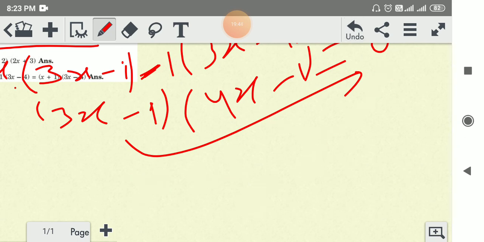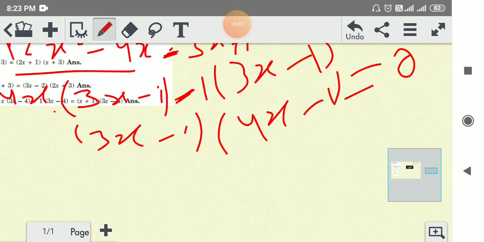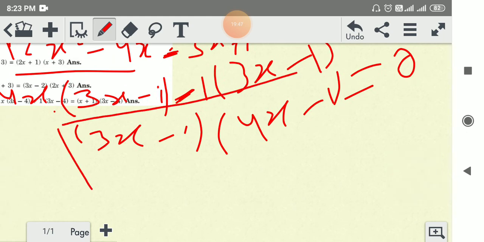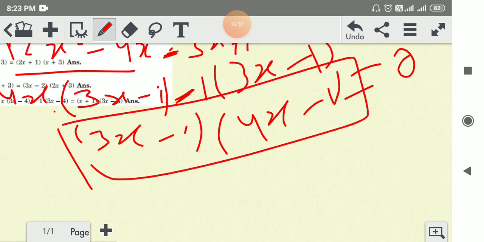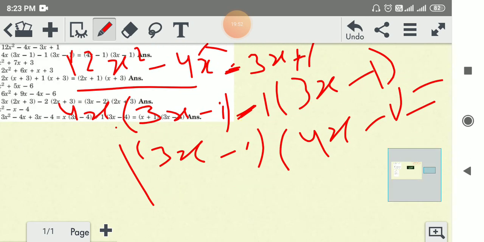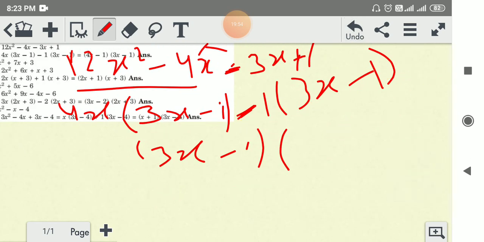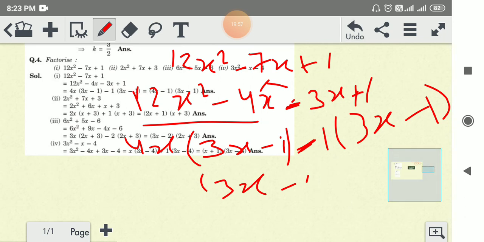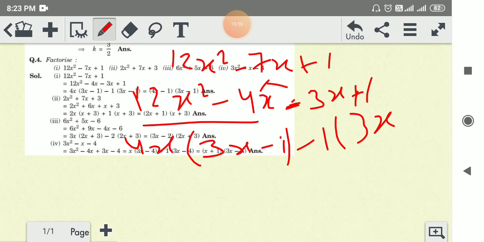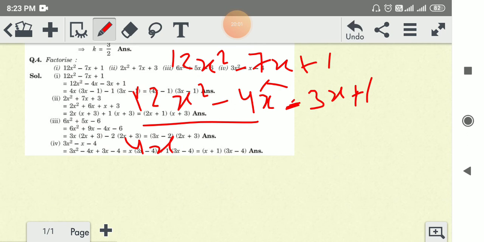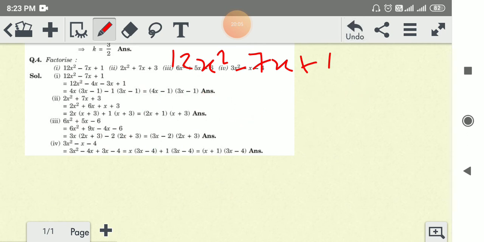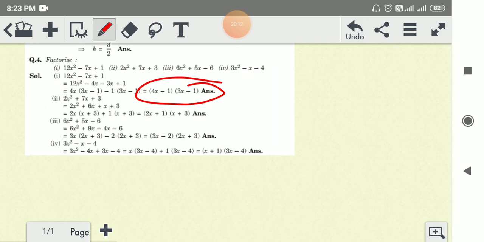We have to solve only up to here. So the answer of the first equation is 4x minus 1 and 3x minus 1. This is our answer. Okay, 4x minus 1 and 3x minus 1, same as questions 2, 3 and 4th.